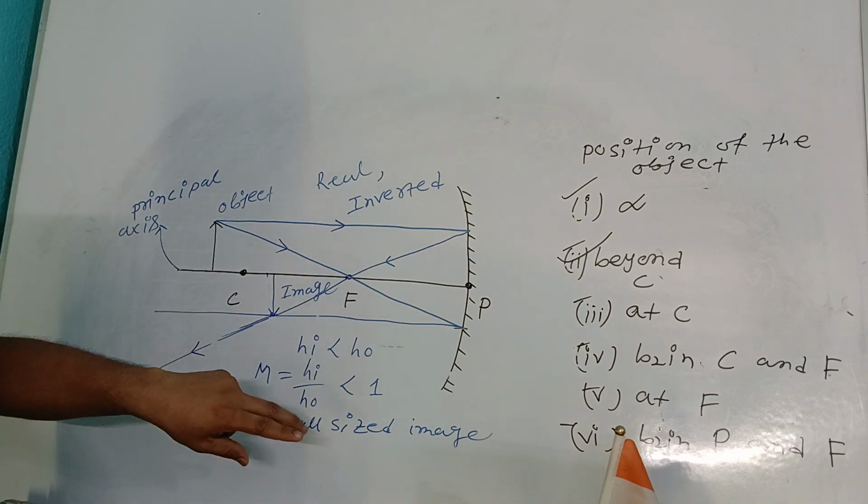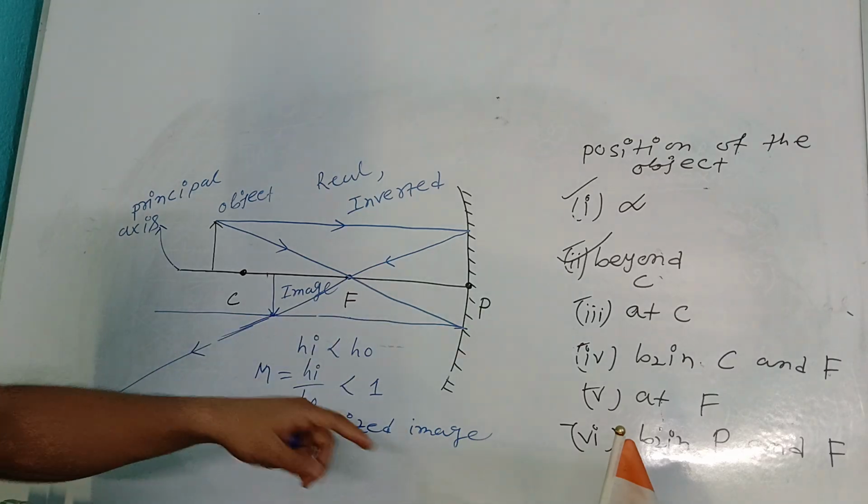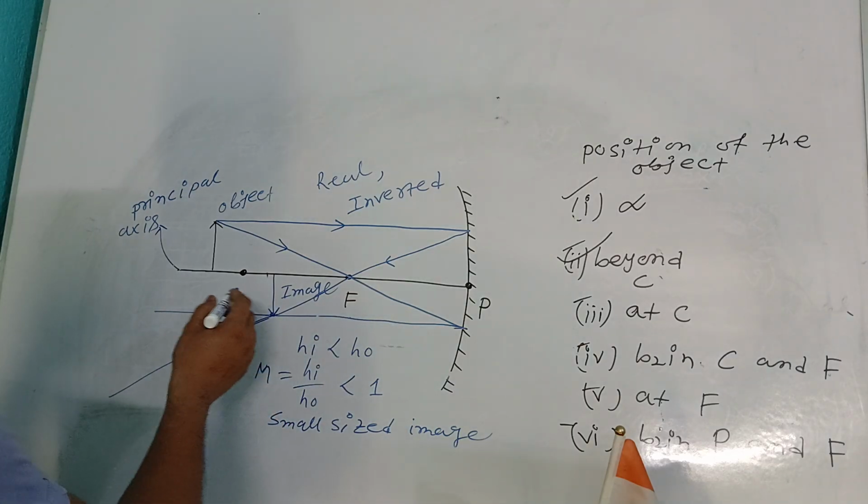Real, inverted, small size. Position of the image, it is what?